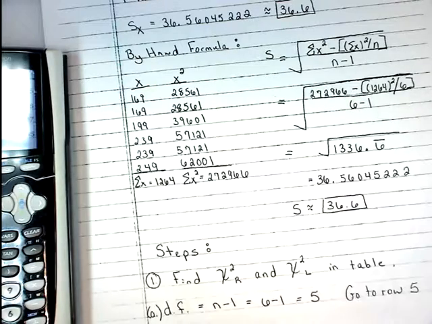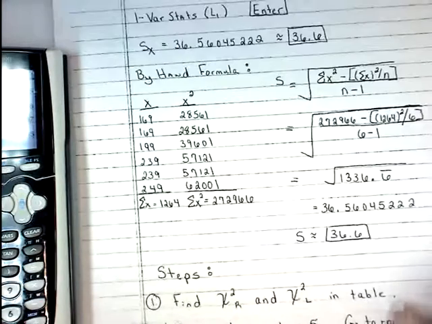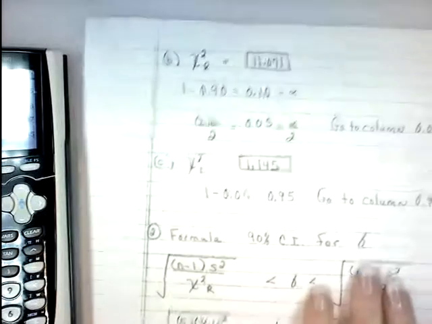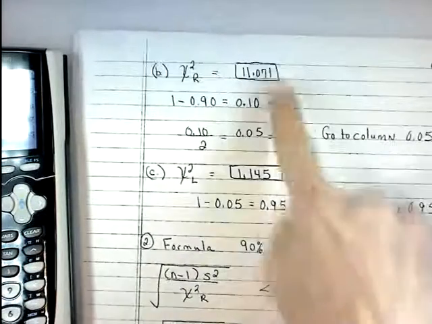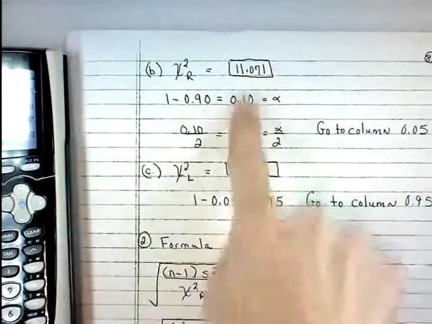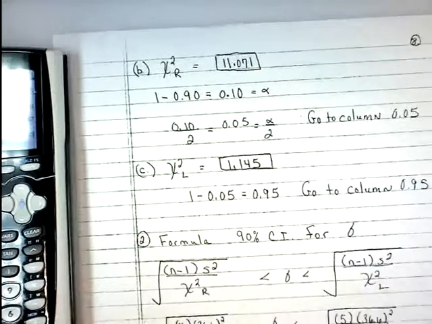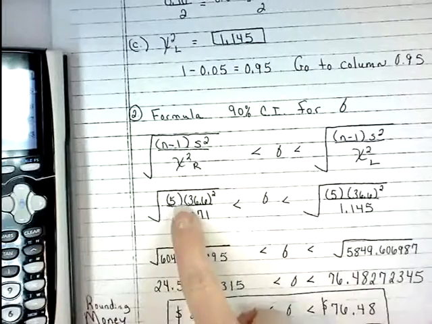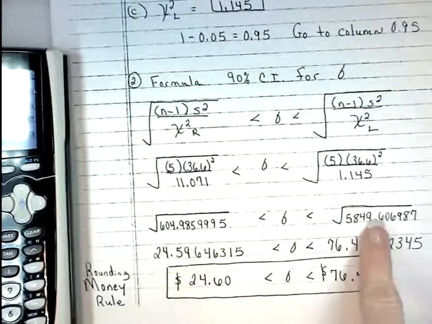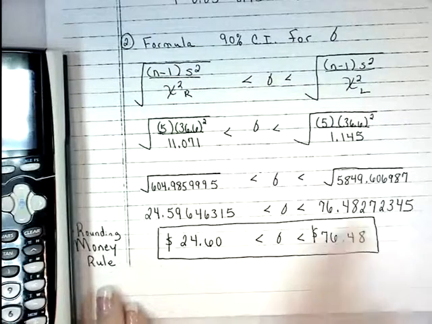And just so you'll see, the rest of the lecture notes have chi-square from the right and left, and the procedure again without having to draw the picture. And then if you need this, I actually plug into the formula. And these are the numbers before I take the square root.